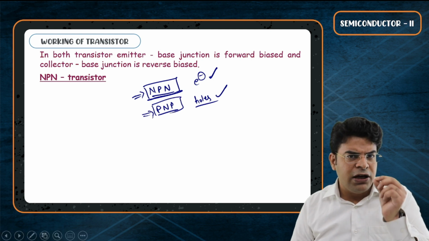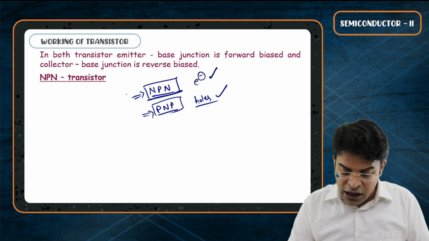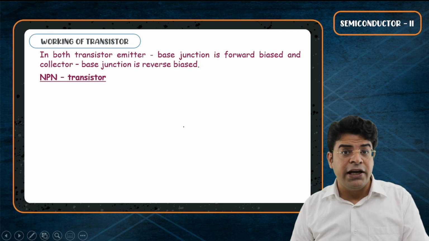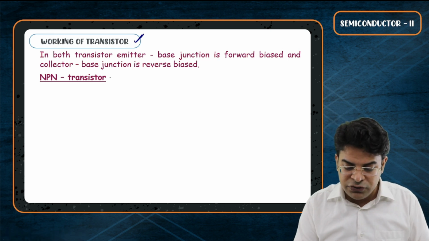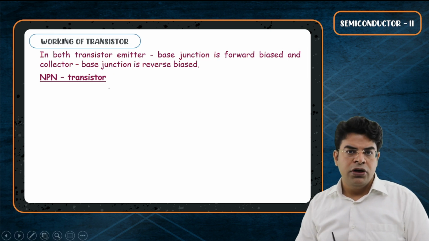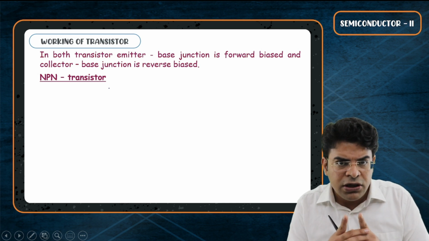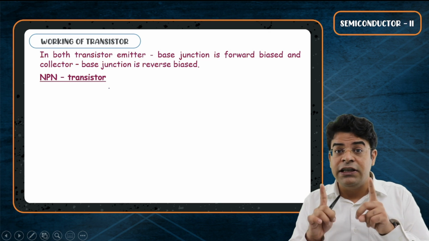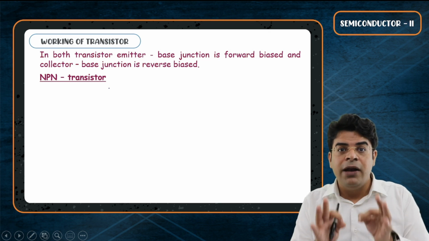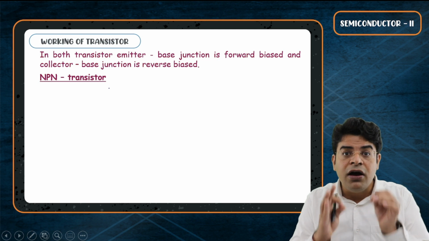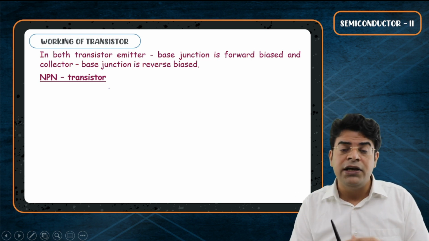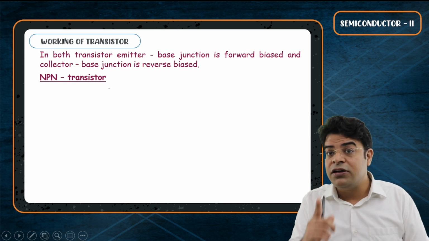Since an NPN transistor conducts better, they are more commonly used over PNP transistors, and that's why I am explaining the working of transistor using NPN transistor. NPN transistors conduct using electrons, and electrons have higher mobility, so NPN transistor conducts better.